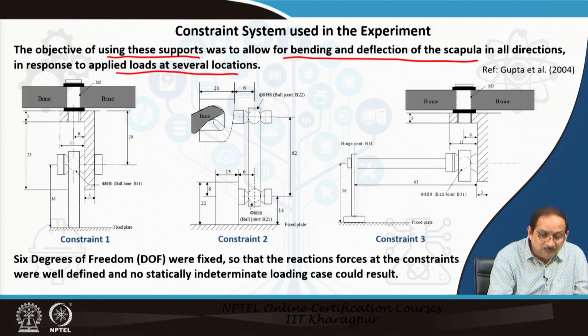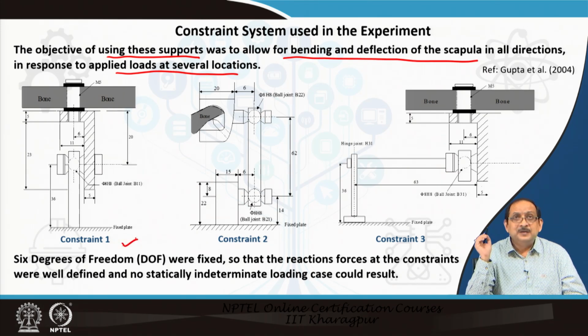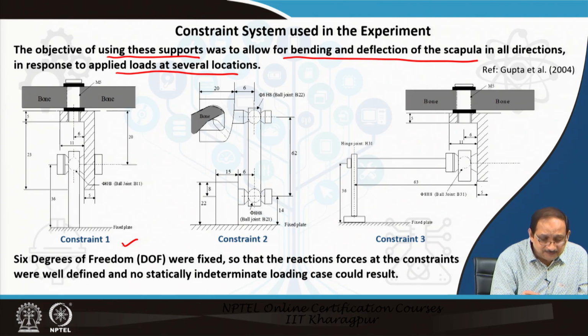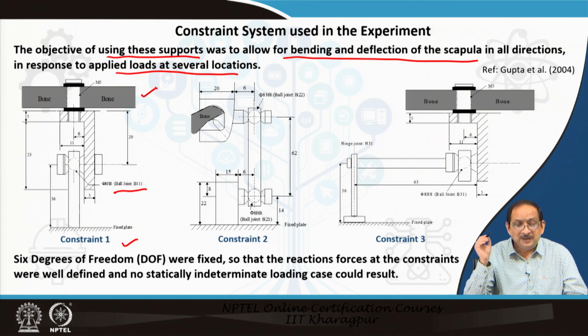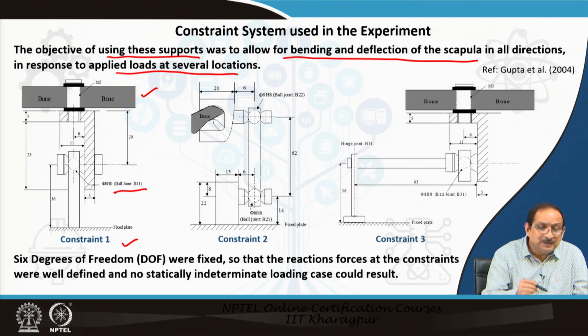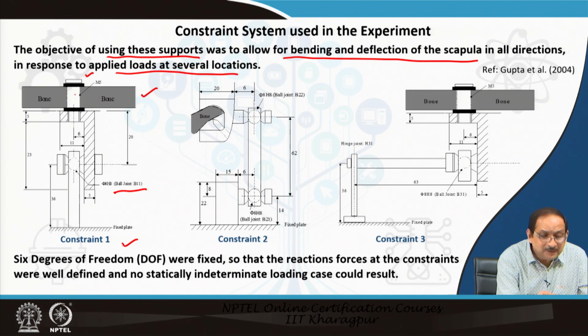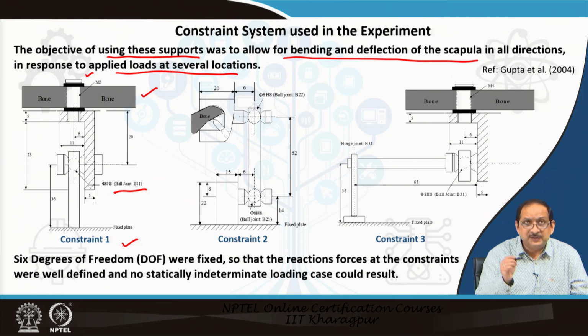So, constraint number 1, a detailed diagram of which is presented here, has a ball joint, and the bone is held by a bolted joint. A hole is drilled within the bone through which a bolt is fixed to the supporting links.